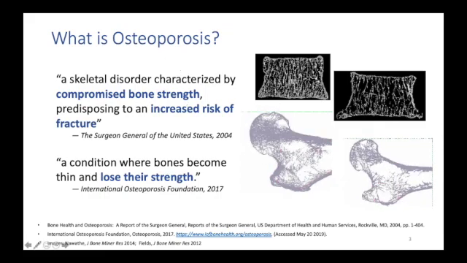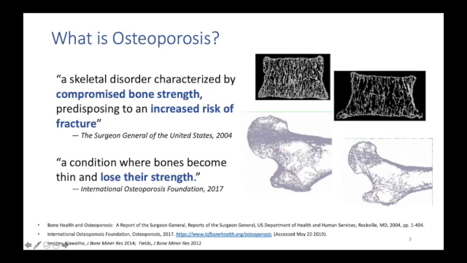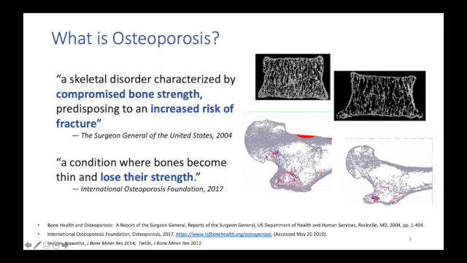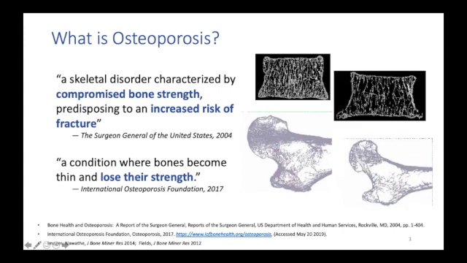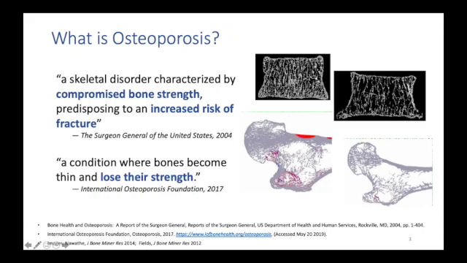So as you get older, if you look at the top two sections on the right, these are micro CT scans of two cadaver vertebrae, looking at a thin frontal section. And you can see the trabecular bone. The black would be filled with bone marrow. And as you get older, on the right, you lose a lot of the trabecular bone.